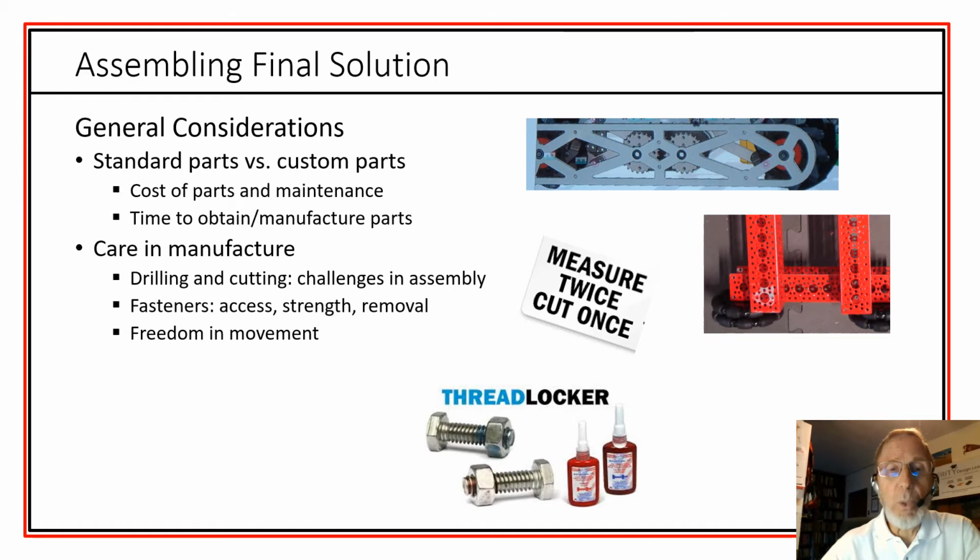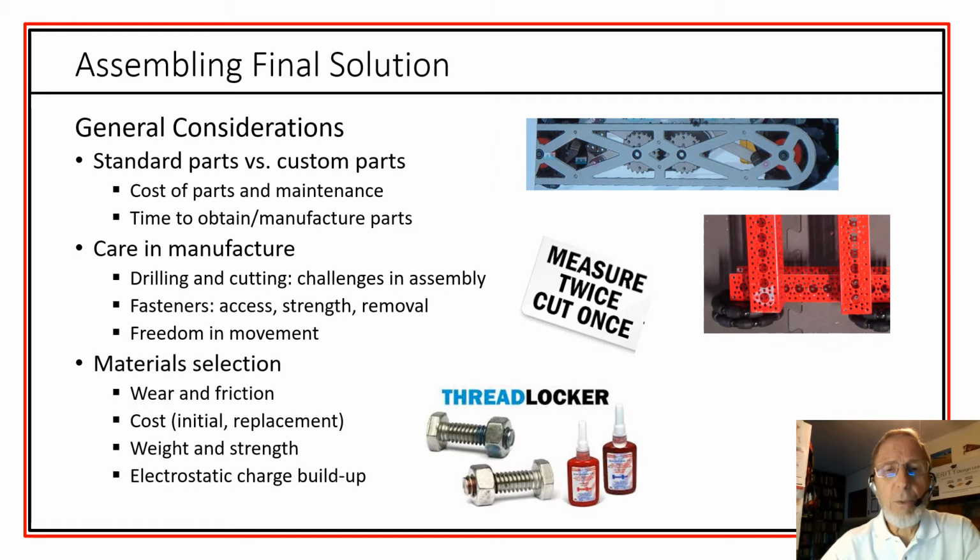And also, will this solution, when put together, have the freedom and movement that we expected? Are the joints that are to be rotating able to rotate? Those that are intended to slide, do they allow sliding? Those that are to be rigid, are they rigid? We need to carefully consider these things in our manufacturing.